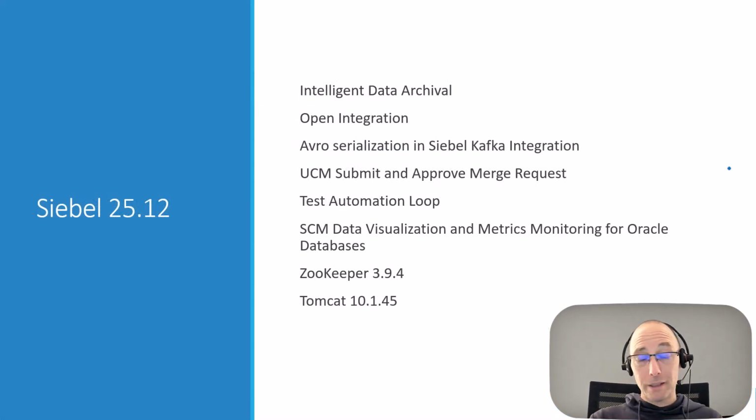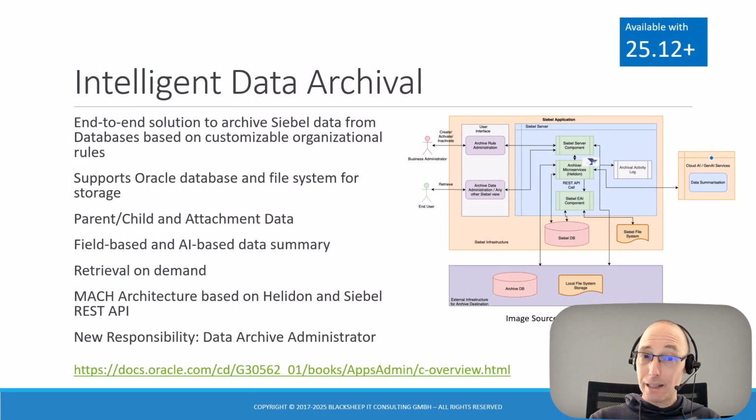25.12. Well, at the time of recording, it's been out for maybe 24 hours, and we already have the rundown here. We can close up our 2025 highlight reel. Intelligent Data Archival is here. So 25.12 is a really big one, adding bold features for Siebel.